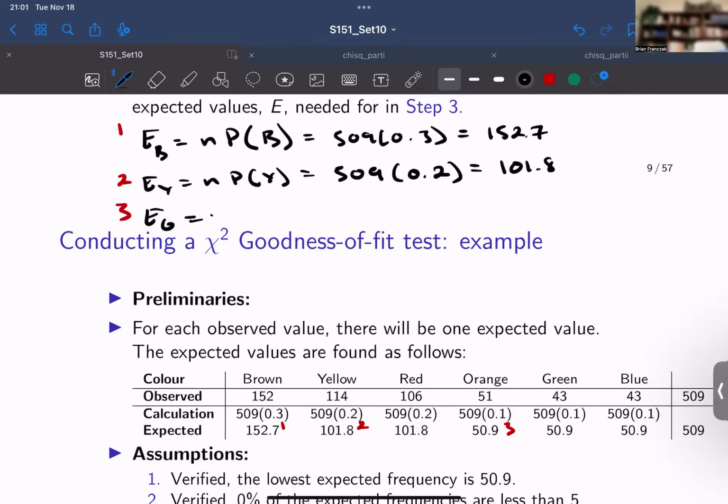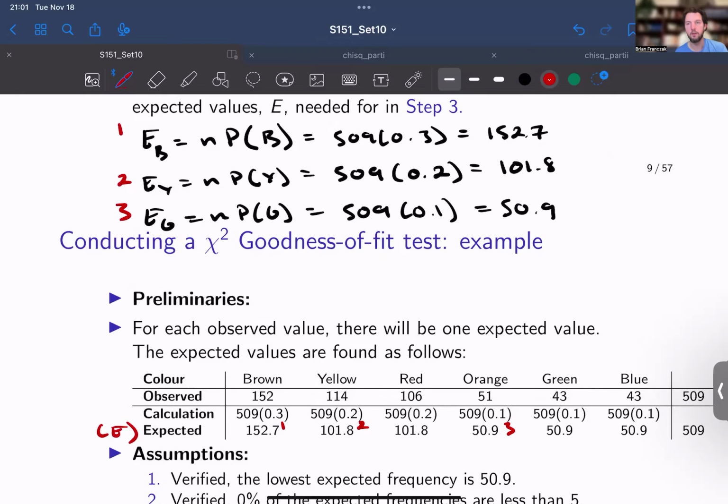We have n times the probability of green, which is 509 times 0.1, which is 50.9. These values are the expected values that we have to calculate. The start of the chi-square is always the calculation of these expected values. In this case, we have 6 of these values to calculate because there are 6 outcomes in our distribution.